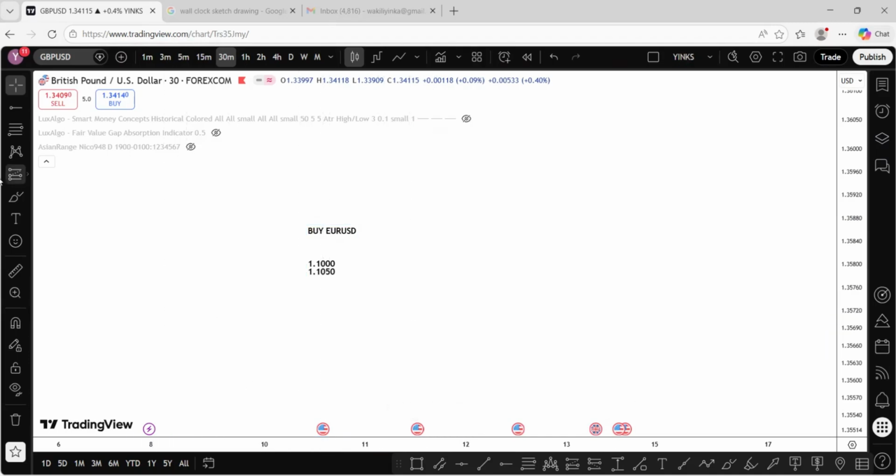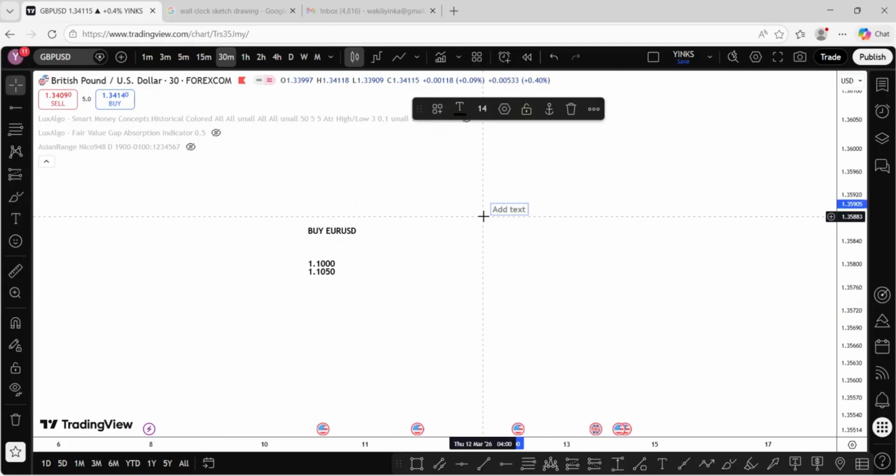Your profits. So let's start with micro lot size, 0.01. How much am I going to make on a micro lot?